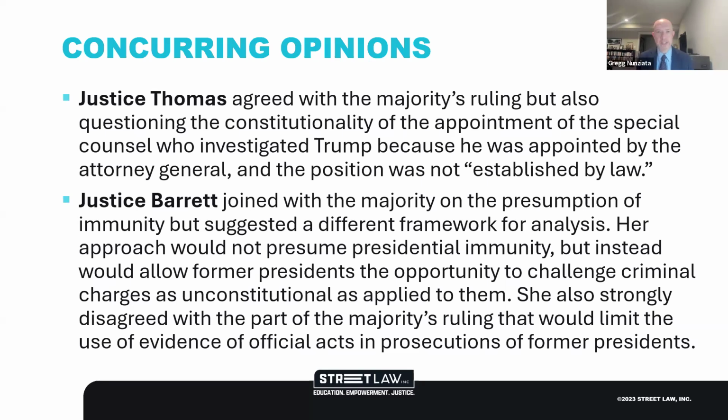And Barrett objected to this. She said it's absurd. If a president took a bribe to grant a pardon, the pardon's an official act, but that bribe is a corrupt one that's not official. And to say that prosecutors can't even look into the process of how that pardon got granted because it comes too close to official powers would be a recipe for disaster. So she doesn't agree with that.